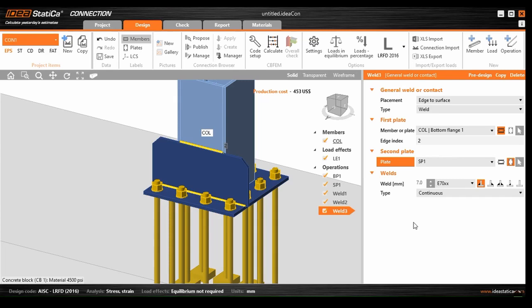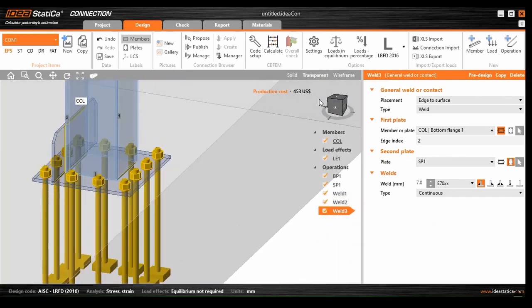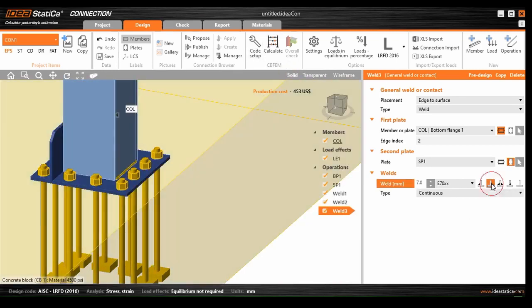Adjust the side of the fillet welding to the right side. Choose the transparent mode. Okay, you can see here if it is located correctly. Now you see a line of weld is added in the position that we intended to be at.